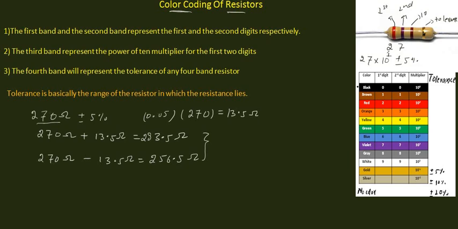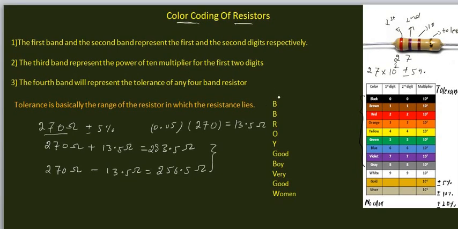It is very difficult for a student to remember this table, so different people use mnemonics to remember these tables. The mnemonic which I use to remember the numbers of these colors is: B B Roy, good boy, very good woman.